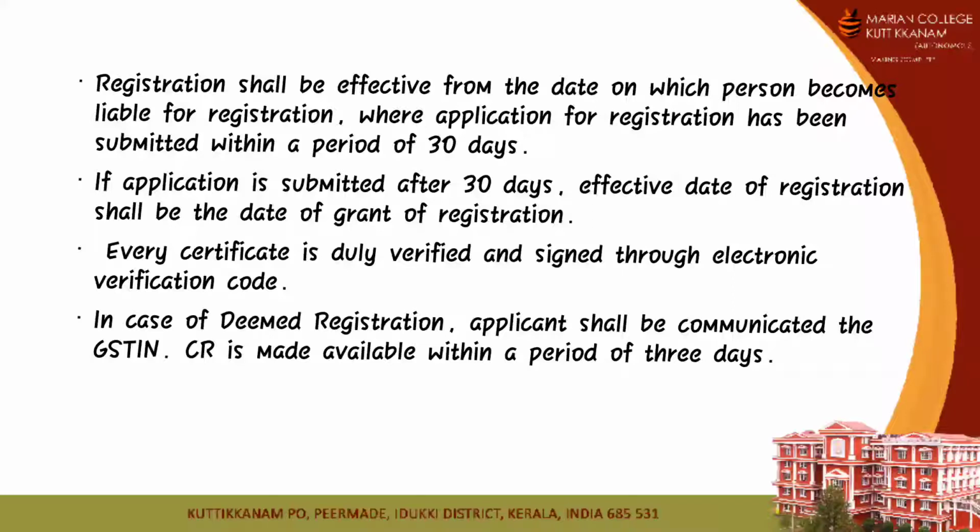In case of deemed registration, that is registration granted under rule 9(5), the applicant shall be communicated the GSTIN, that is the registration number, and the certificate of registration will be available to him on the common portal within a period of 3 days after the expiry of the period specified.